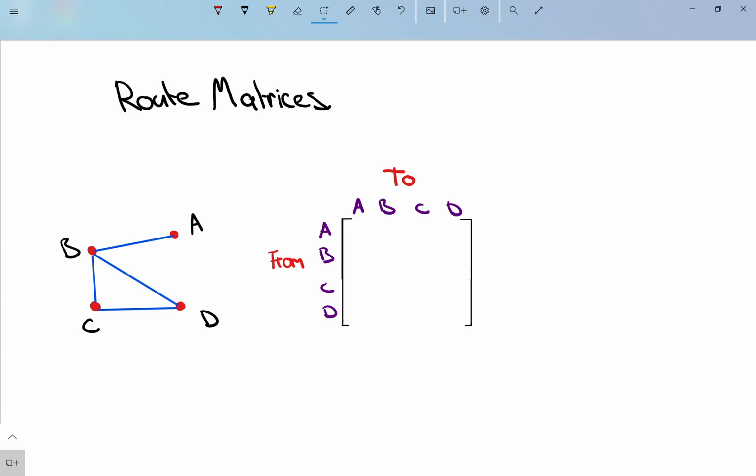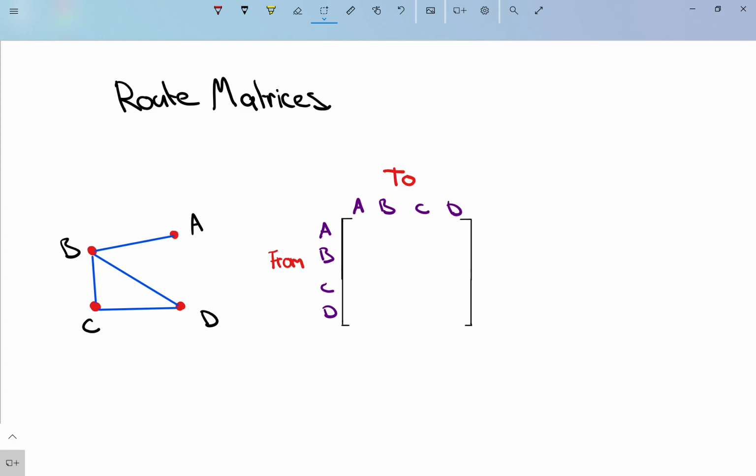Now, some ground rules before going over this. Each town is represented both in the rows and the columns of the matrix. So the rows represent where you're going from, and the columns represent where you're going to.